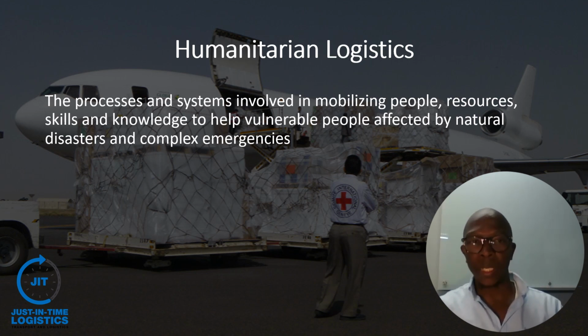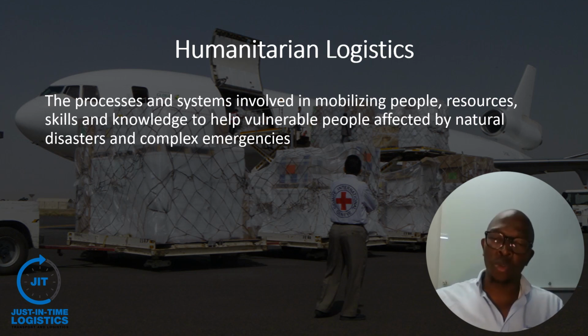So humanitarian logistics focuses mainly on helping the vulnerable that are affected by natural disasters, and it becomes very tricky because, for example, if you are at a place where there was a tsunami or even a volcano and those people that are affected are there, how do you reach them?